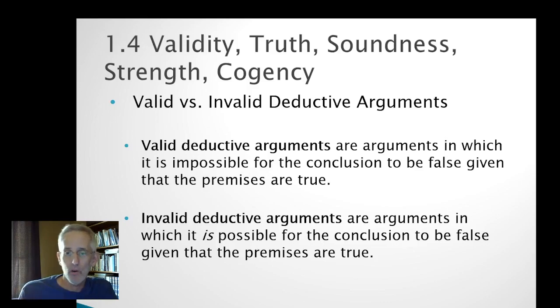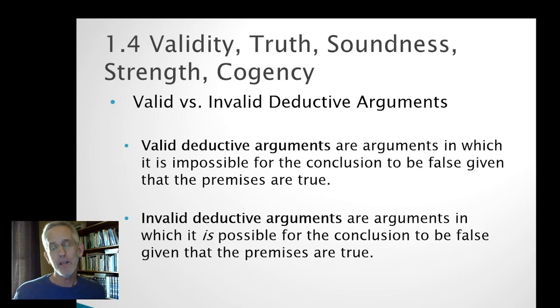The form is correct, or the pattern, if you want to think of it that way, is correct. Now on the other hand, an invalid deductive argument is an argument in which it is possible for the conclusion to be false given that the premises are true. So if the pattern is not correct, in the sense that the premises do not really support the conclusion, then you're dealing with an invalid deductive form.